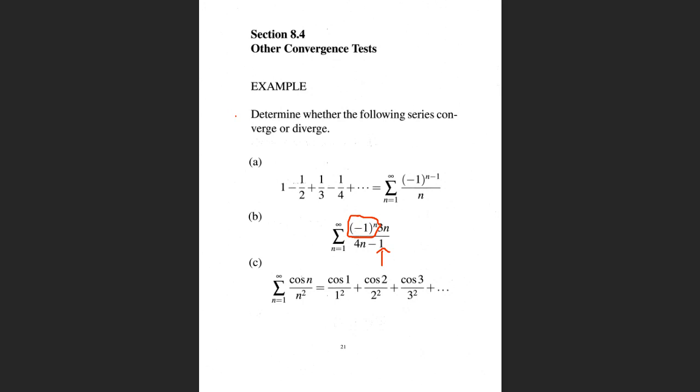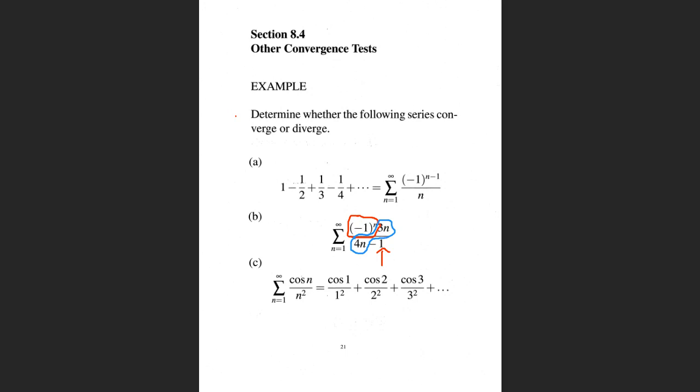That's right. So essentially, you're focused here on the 3n over the 4n, right? And 3n divided by 4n equals what? 3/4.